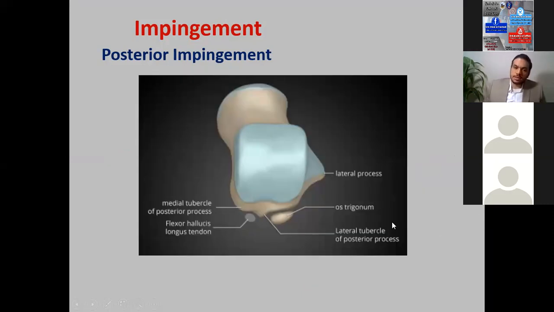So it's frequently seen in ballet dancers, downhill runners, and the posterior impingement of the ankle can also be a soft tissue impingement resulting from impingement of the posterior joint capsule, the intermalleolar ligament, sometimes the posterior inferior tibiofibular ligament, or the FHL tendon itself.